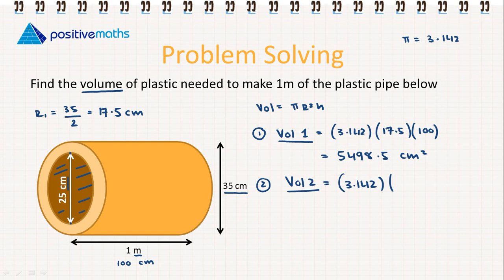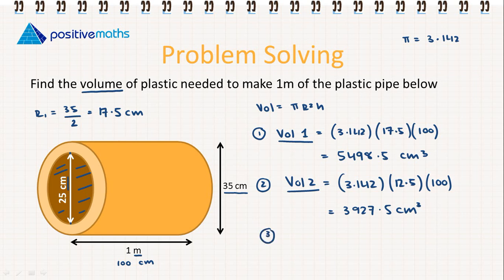So our radius is going to be 25 centimeters divided by 2, which gives us 12.5 for the radius of the inside. And our height again is going to be 100 centimeters. So we find the volume of the inside of the cylinder, 3927.5. And that's centimeters cubed for volume.